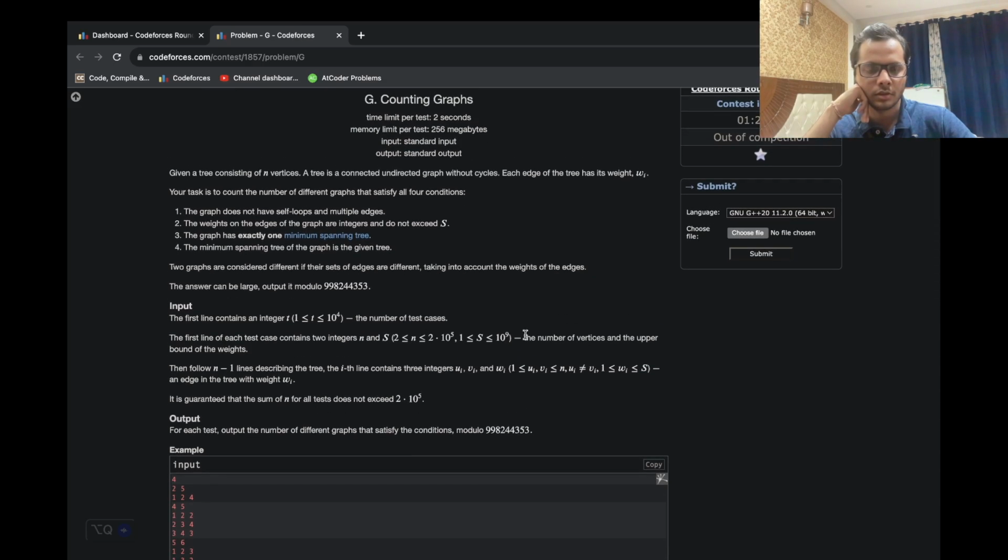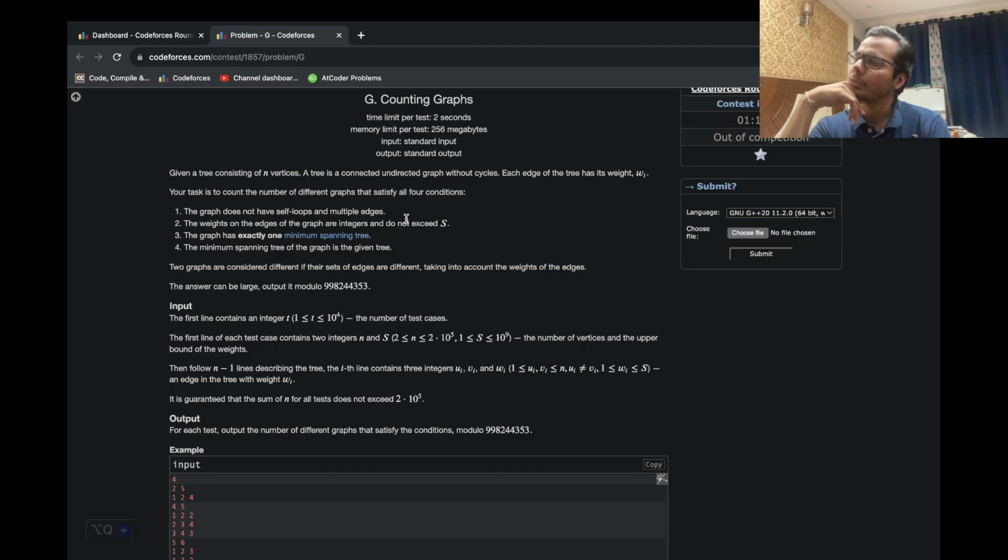The weights of the edges on the graph. Okay, what is the sense of these weights? What happens if we just forget about the weights? When does the graph have exactly one minimum spanning tree? Either the graph is equal to the tree, okay, or the graph is not equal to the tree. In that case, we will have at least one cycle, okay.